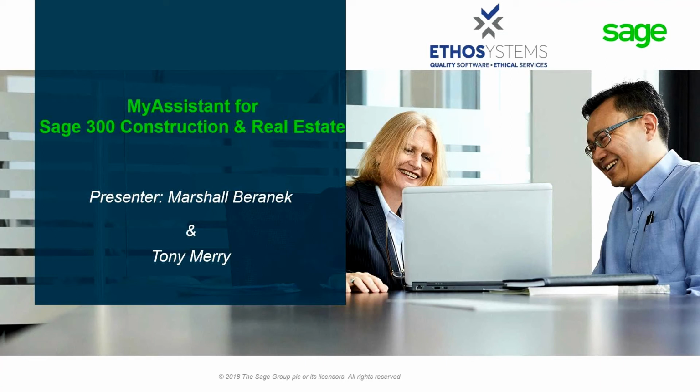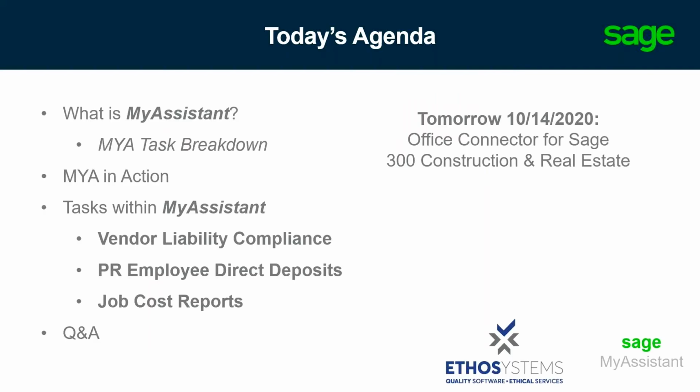And that actually segues well into today's agenda. We are going to start off today's discussion by talking about what is MyAssistant. Why are we all gathered here today? And then we're going to take a look at this tool in action. We're going to start by going over some overview slides to provide a little bit of context, but the couple examples we're going to look at today are better ways to manage vendor liability compliance.